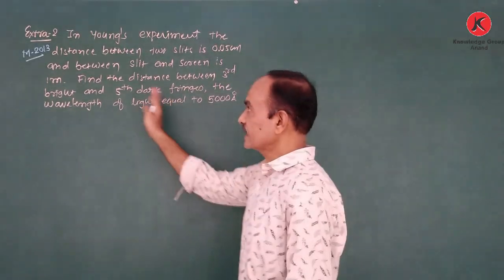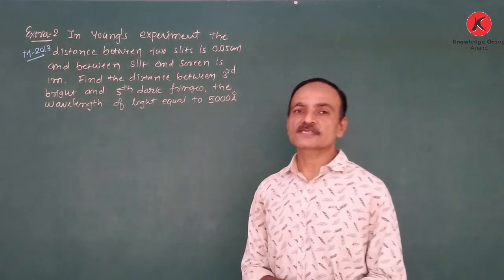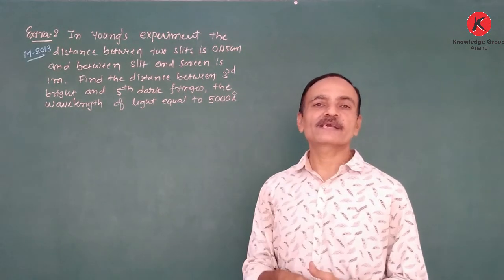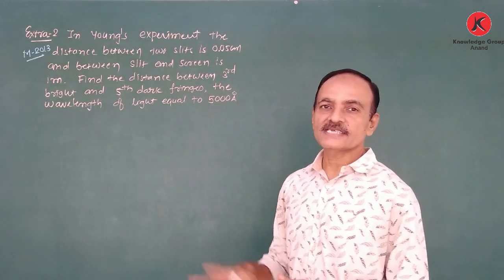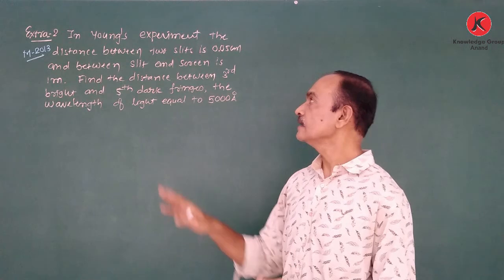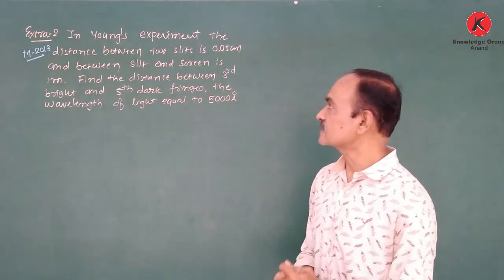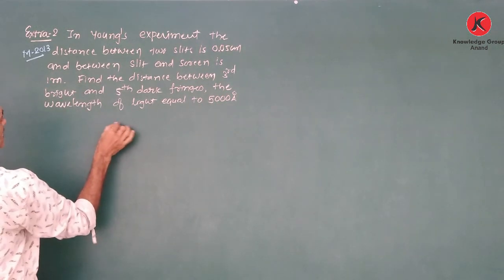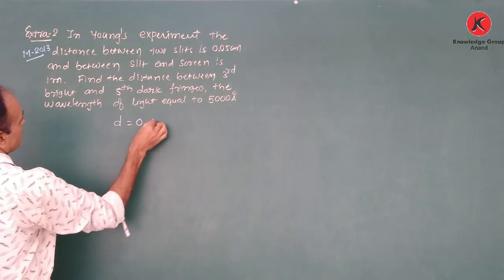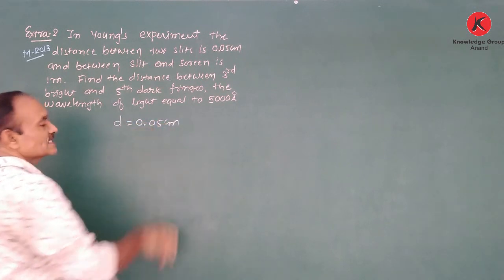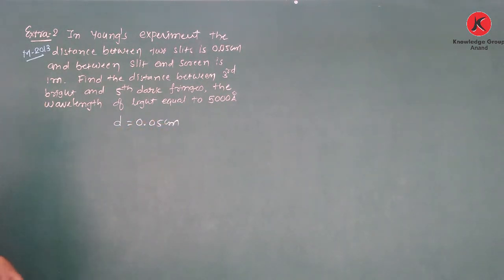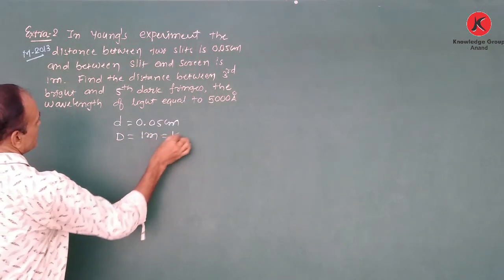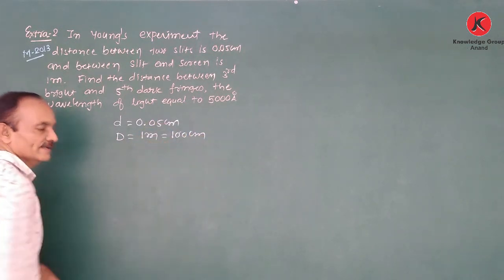Now the next numerical was asked in March 2013 in the board exam, and this type of numerical is frequently asked. This year it also asked the same numerical. In Young's experiment, the distance between the two slits is given as 0.05 centimeter, denoted by small d. The distance between the slit and screen is 1 meter, equal to 100 centimeter.